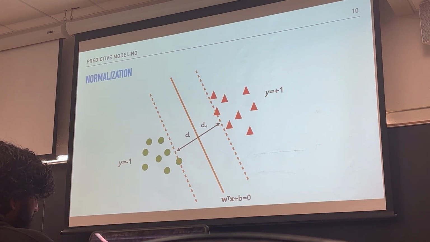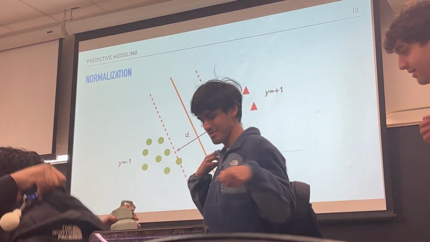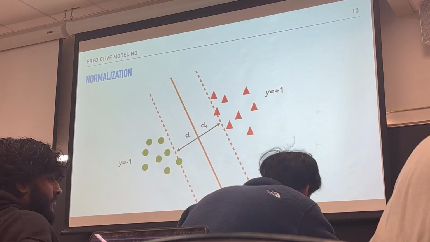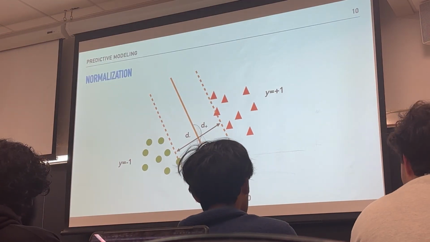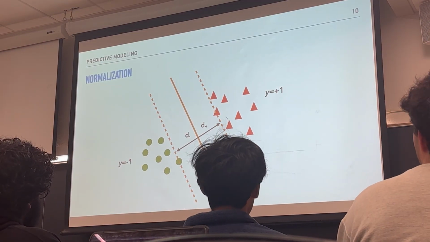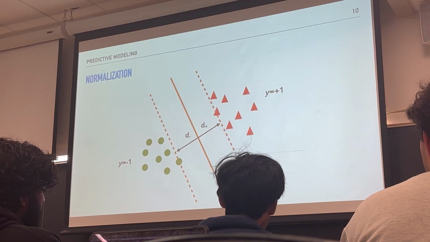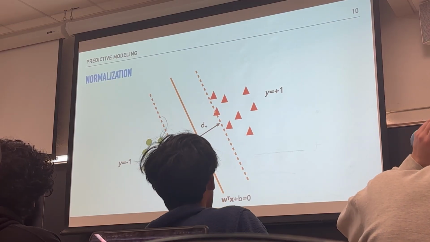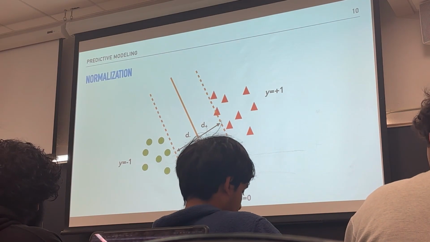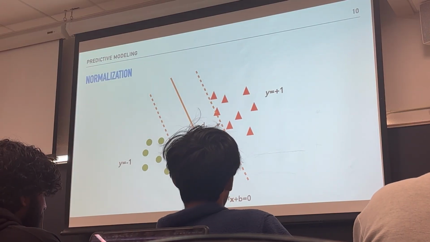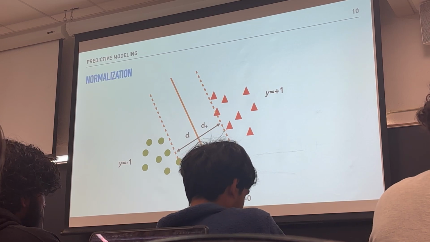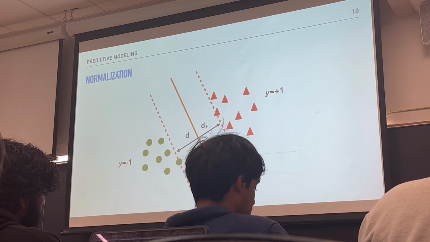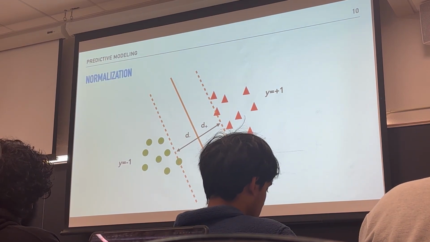Right. So if this is the hyperplane, W is the vector that's pointing like this. If your hyperplane is passing through the origin, this is your W. Do you see how all the vectors that lie in this hyperplane will have dot product 0 with W?